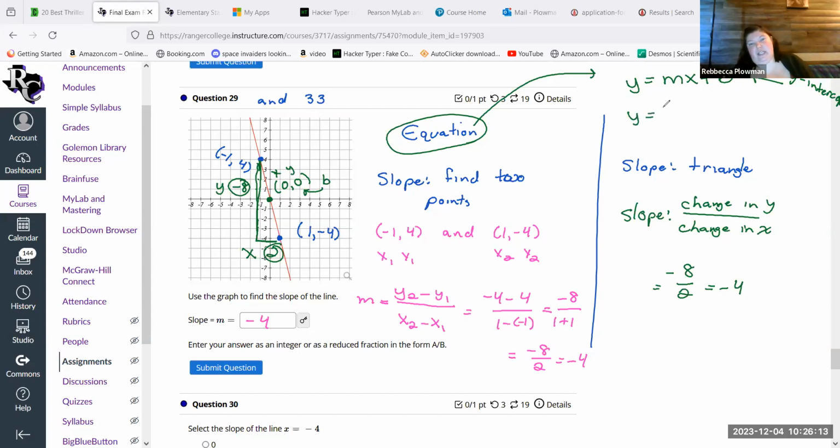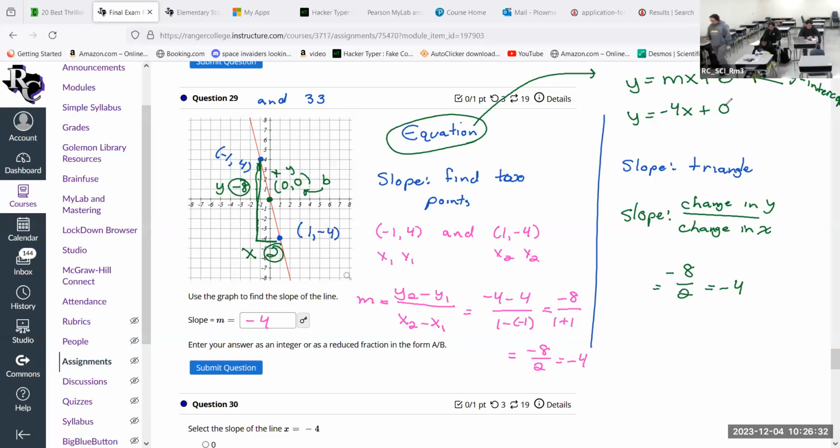So this would be y equals negative 4x, in this case, plus 0. Just checking one thing here. Right there it is.